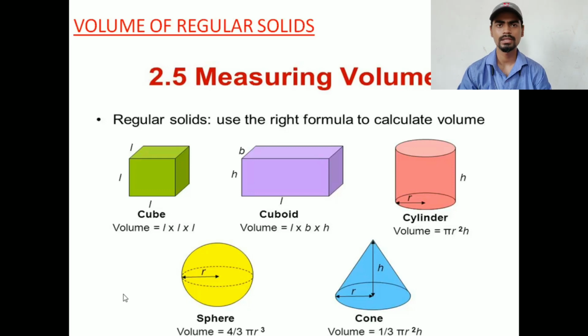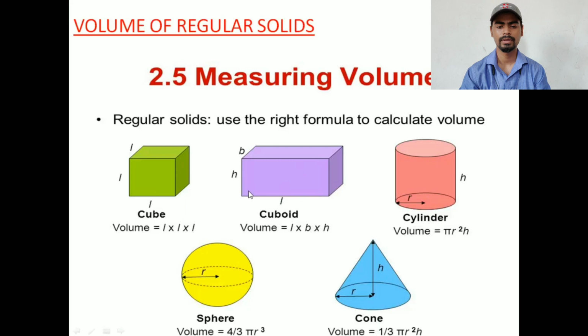Already you have studied these formulas in your maths, how to calculate the volume of a particular solid. Say the cube, where this side is L, so L into L into L. Generally in mathematics we have studied that for a cube it is nothing but side into side into side.